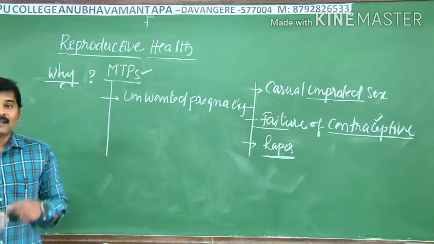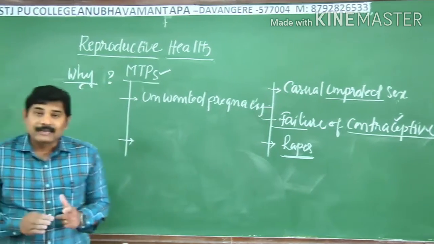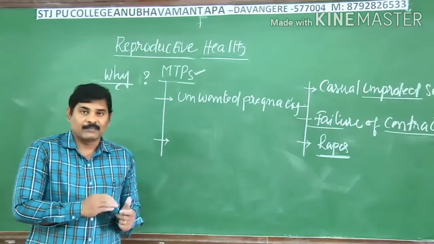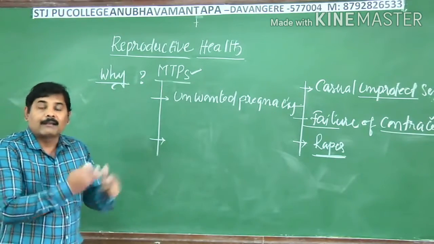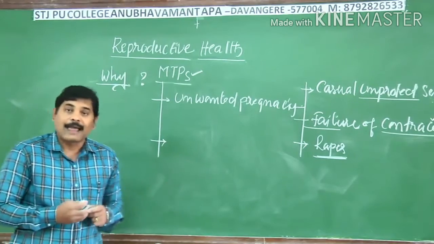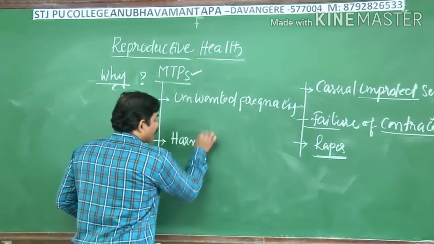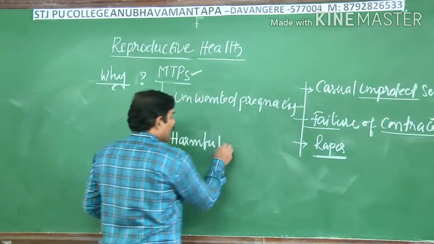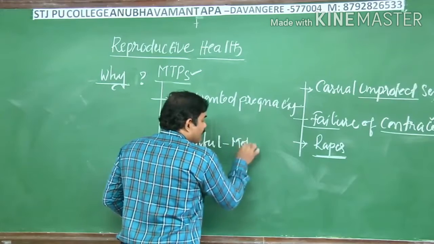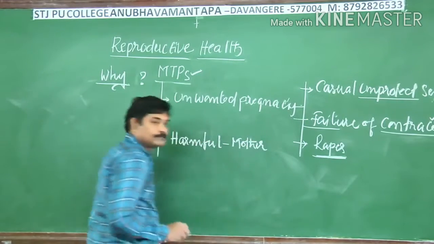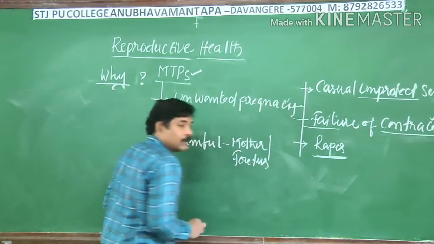of the pregnancy. The second one is if continuation of the pregnancy is harmful to a mother. In such cases also, you can definitely go with medical termination of pregnancy, or in general, abortions. There are harmful effects on, in some cases, the mother or else the fetus.